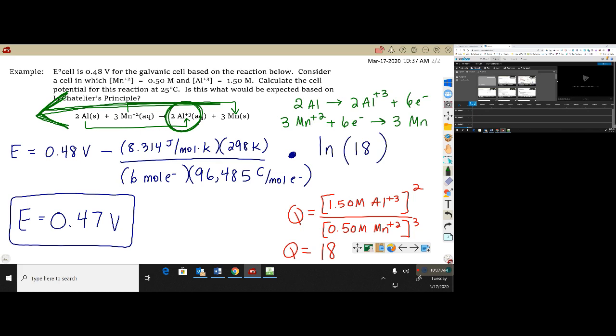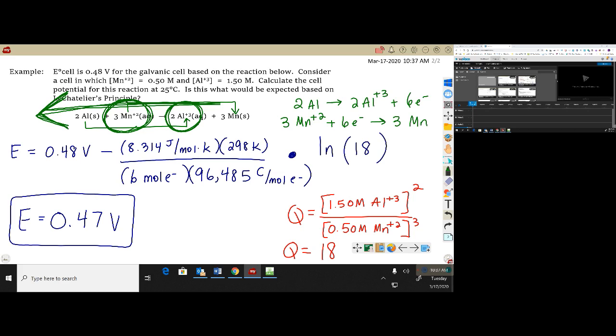Now it also works if I look at the manganese. Here my manganese is decreased, and if you reduce something, you want to shift in the direction that replaces it. A standard cell would have a 1 molar solution, so now this is less. Then I would be shifting in reverse. I'd want to replace the manganese.